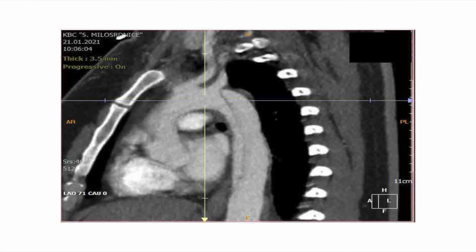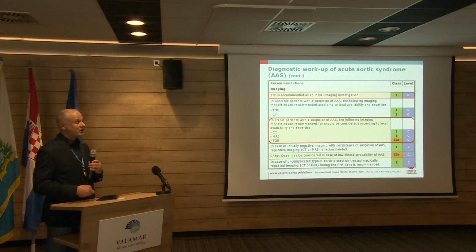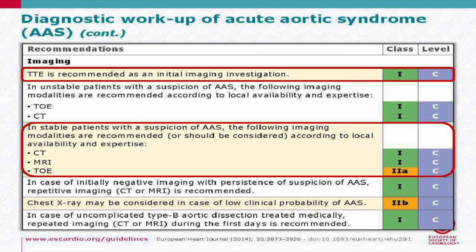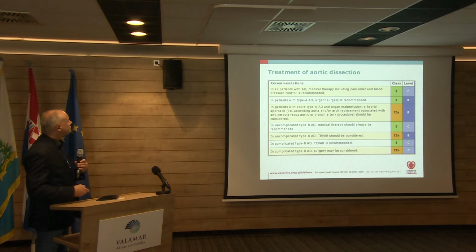And just to say once again, according to guidelines, TTE is recommended as an initial imaging investigation, usually bedside focus in the emergency wards, followed by others, usually CT angio and not MRI or transesophageal echo, because of the reasons I mentioned before.